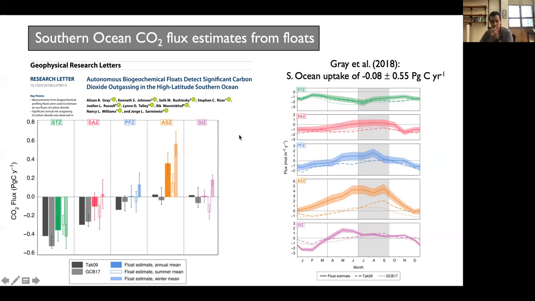And just to show how the seasonal cycle looks in these different zones, again, this is the Antarctic Southern Zone, and the wintertime in the Antarctic Southern Zone is really where we have the biggest disagreements, though there are some differences in the subantarctic zone and the polar frontal zone as well. Overall, good agreement in the subtropical zone.